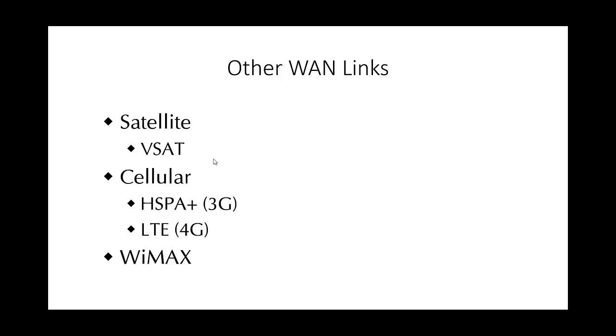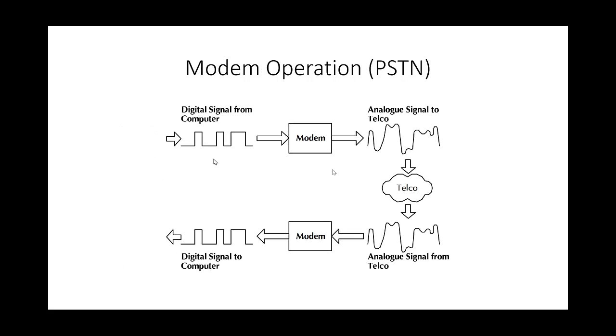So we'll talk now about PSTN. Let's have a look. This is a slide for it. PSTN, also known as Plain Old Telephone System, or POTS, which uses ordinary voice-grade telephone lines, was among the most common means of providing WAN connectivity.